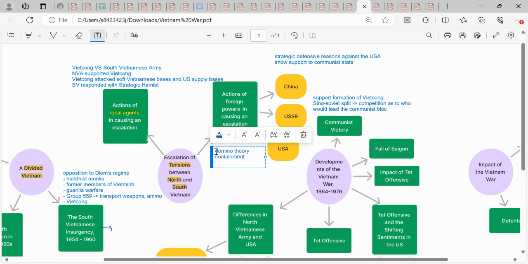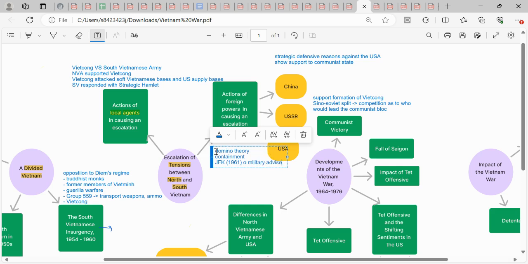JFK took over in 1961, and Kennedy was more cautious. He did not want America to blunder into war, unclear about aims or how to get out again. So in the 1960s, at least under JFK, from 1961, it was a lot of military advisors.